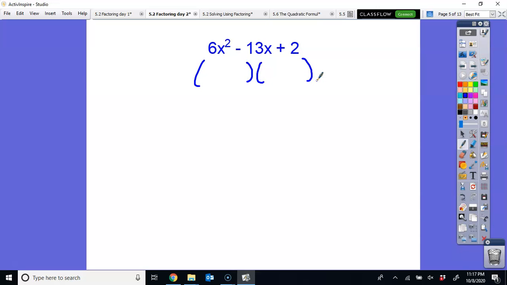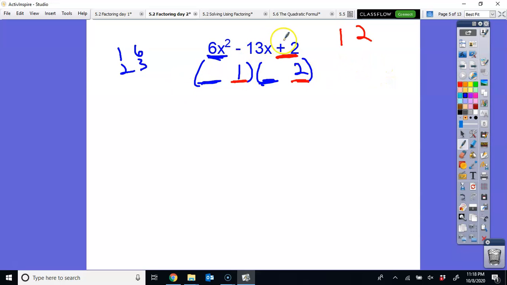So we're going to split this guy up just like we just did. The factors of 6 are 1 and 6, 2 and 3. Notice that means for my factors of 6, I have choices for this spot and this spot to give me 6. Notice, though, that my factors of 2, the number here and the number here, are 1 and 2 only. So I know it's going to be 1 and 2. It has to be.